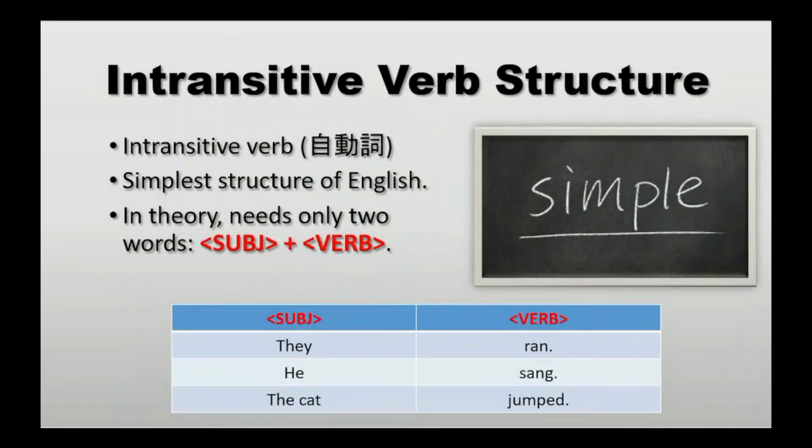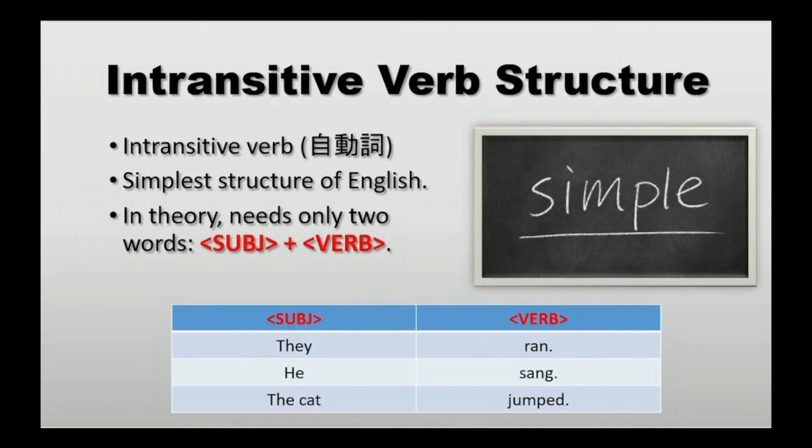No direct object. Okay? So if we come over here and look at some intransitive verb structure, we have an intransitive verb, jidoshi, like I told you. It's the simplest structure of English. Very simple. In theory, now this is theory only, you can make a two-word sentence using an intransitive verb.